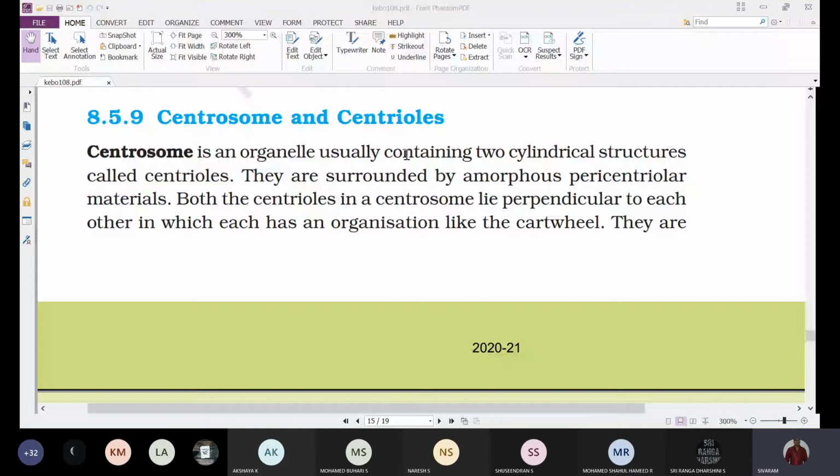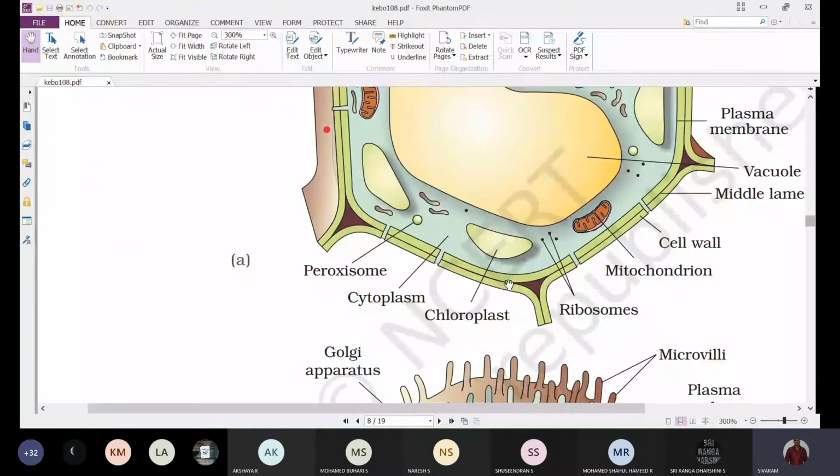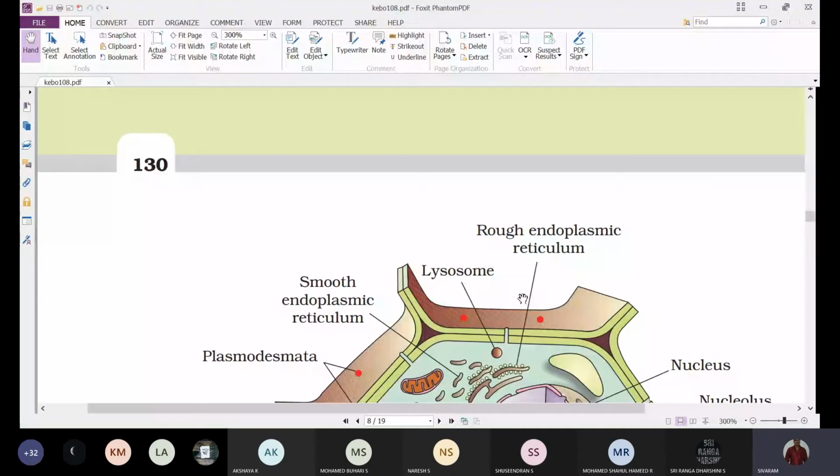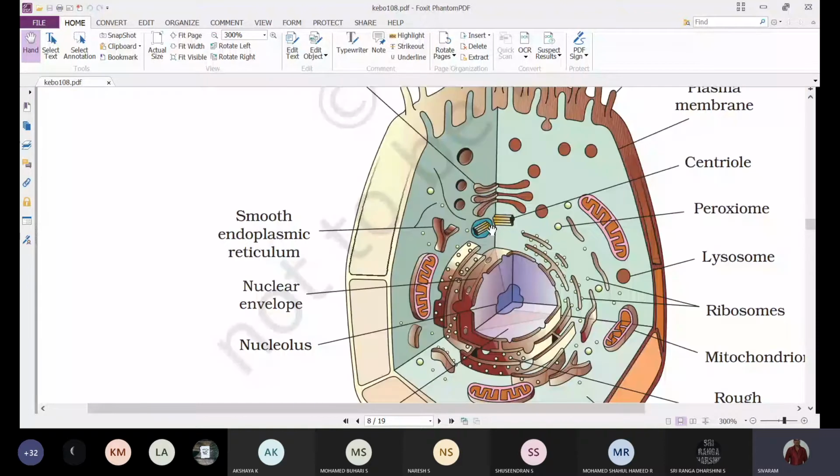When you observe the animal cell, we can see these structures. We'll find two cylindrical structures present near the nucleus, which are called centrioles, and these centrioles are enclosed inside the centrosome.